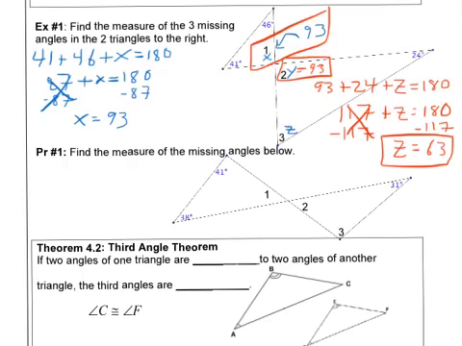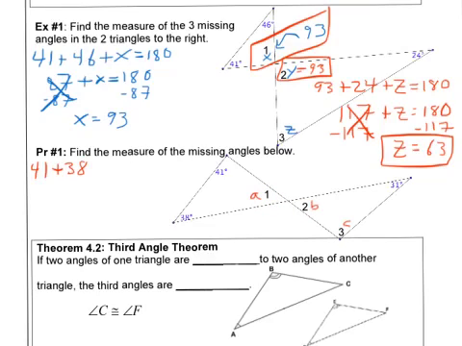Okay, I'm going to do this one a tad quicker because we've already done this once. We have 2 angles of a triangle again, 41 and 38. This time I'm going to call this A, call this B, call this C, just to make it a little easier. Remember, we can name angles with numbers like we did here, but these are not values. These are not the measurements of those angles. This is just their names.